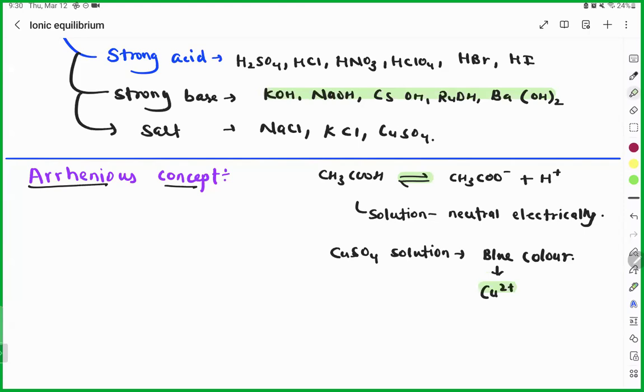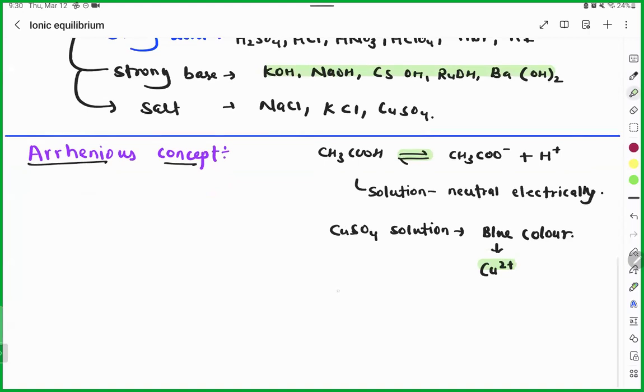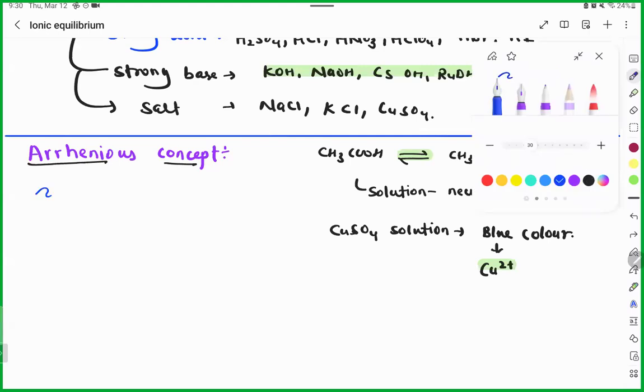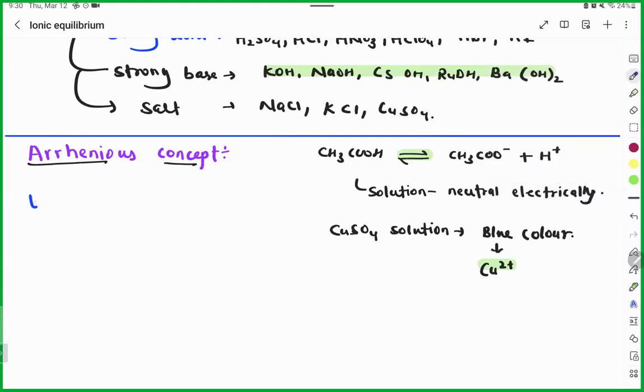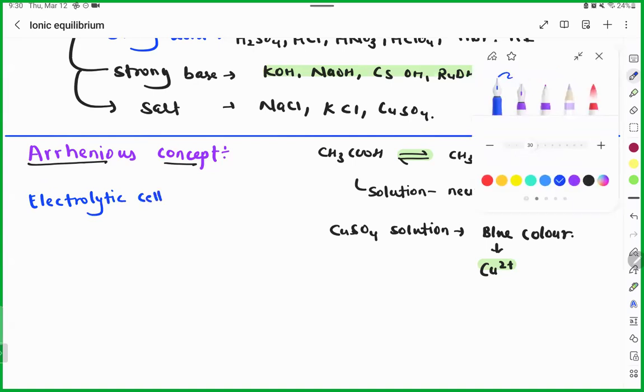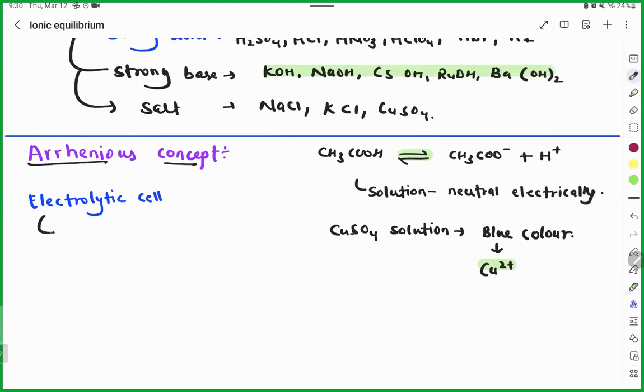And in this situation, the cation, which is positive charge, will try to move toward the cathode. Remember, in this whole thing, we have an electrolytic cell. So if you consider an electrolytic cell in this chapter, what is the charge on cathode and anode?